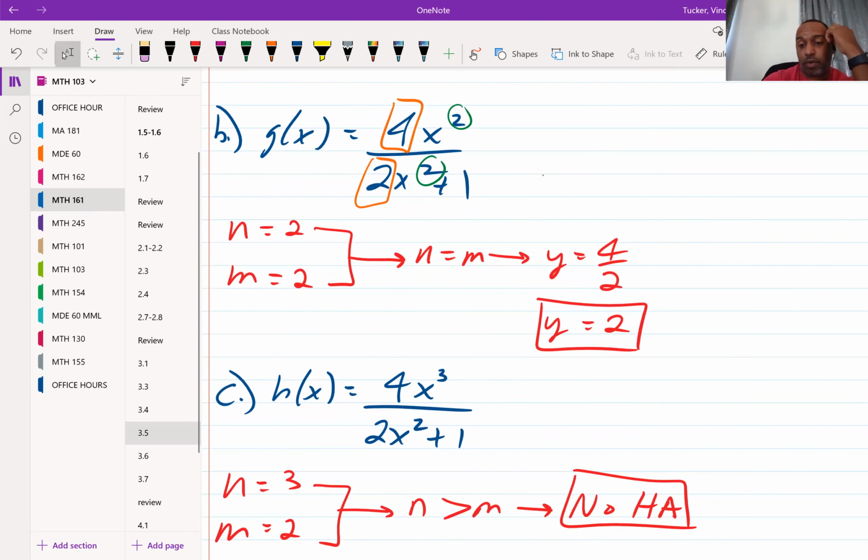Then the last one for your horizontal asymptote, 4x cubed over 2x squared plus 1. So our numerator's exponent is greater than our denominator's exponent, or degree.